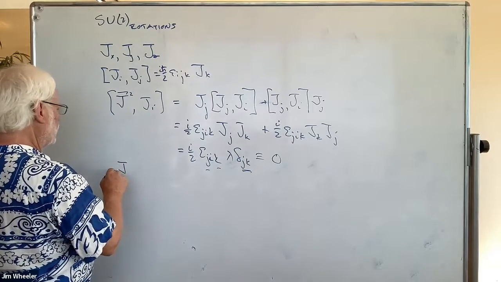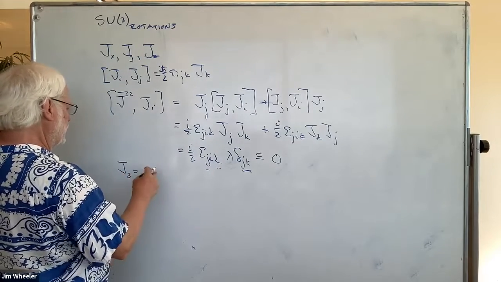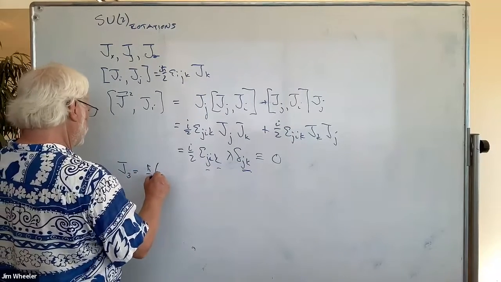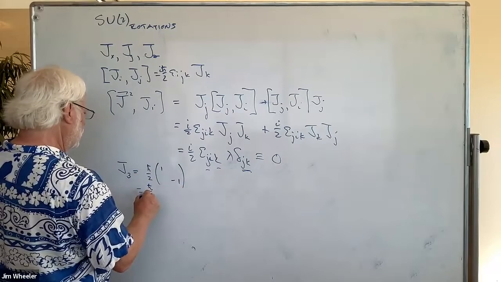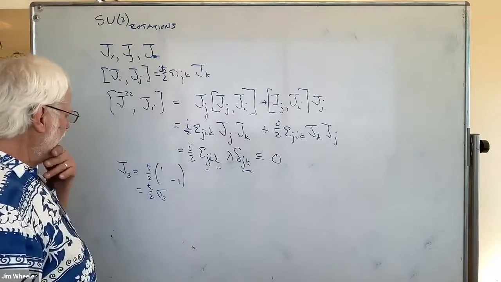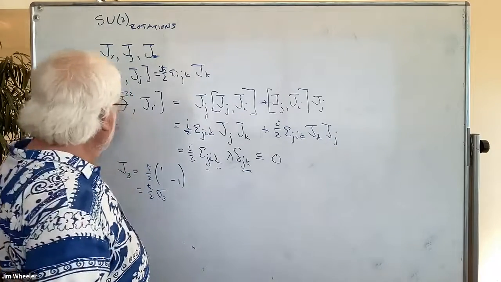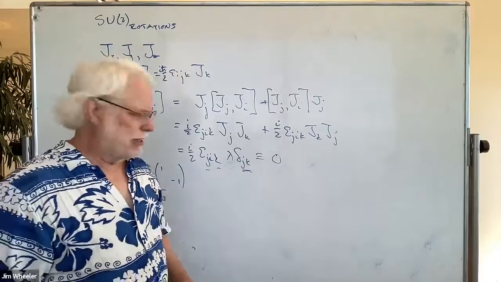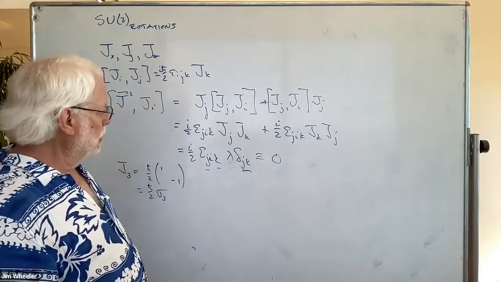Also, we know that we can choose J_3 or J_z to be probably ħ over 2 σ_z, σ_3. That's diagonal. So we have two diagonal operators. This is basically proportional to the identity in this representation, and this is 1, minus 1.